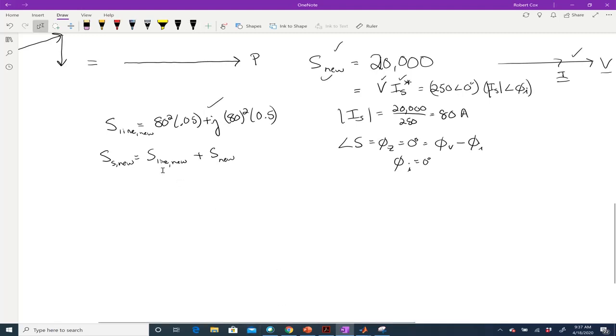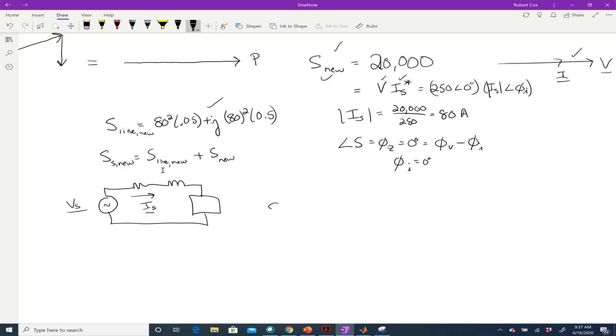Now, once I have that total source, if I look at the circuit, here's V sub S, and then my loads. So I'm told what I sub S is. I know what S sub S is. If I want to figure out V sub S, I'm going to call it S sub S new because this is after I've added the capacitor. It has to be V sub S times I sub S conjugate.